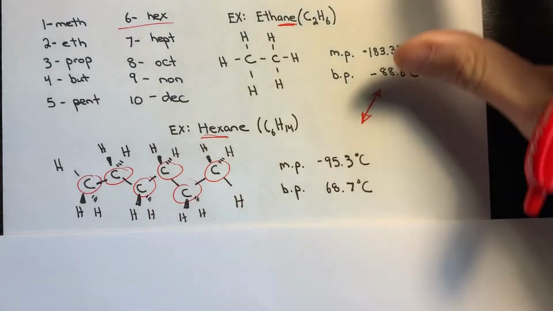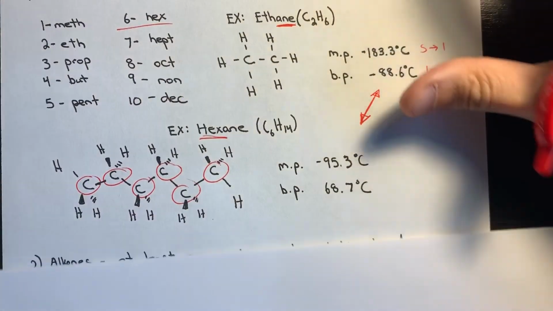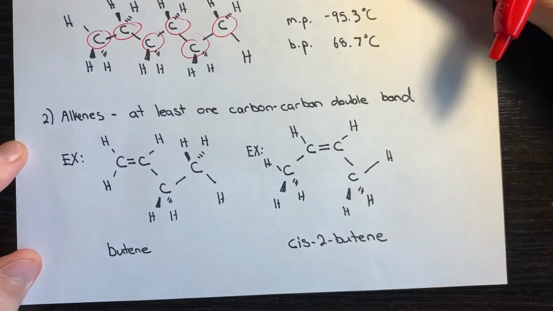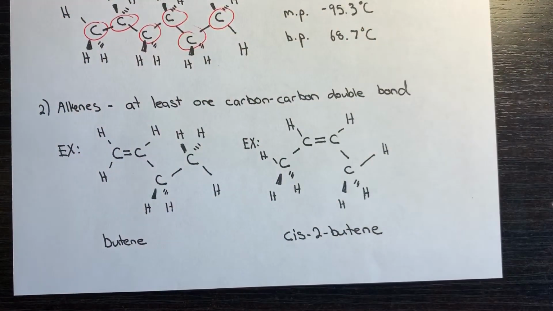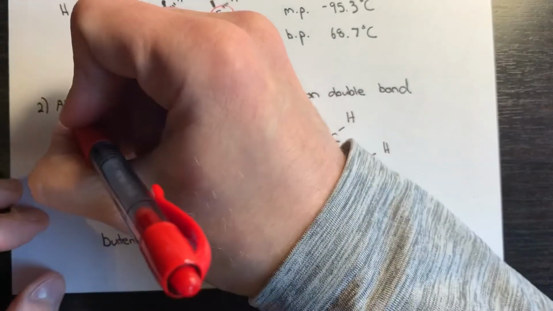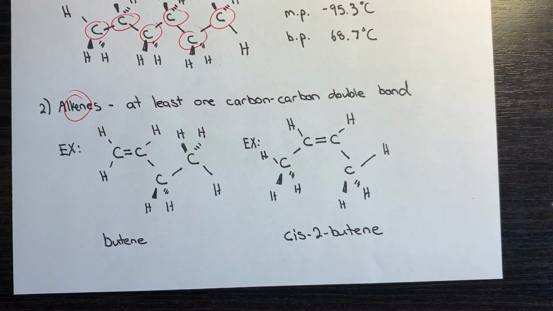Moving right along, I want to get into what we call functional groups. When we talk about functional groups, these are groups of atoms that are largely responsible for properties of the parent molecule. So in this case, when we move on and talk about alkenes, we're talking about molecules that have at least one carbon-carbon double bond.